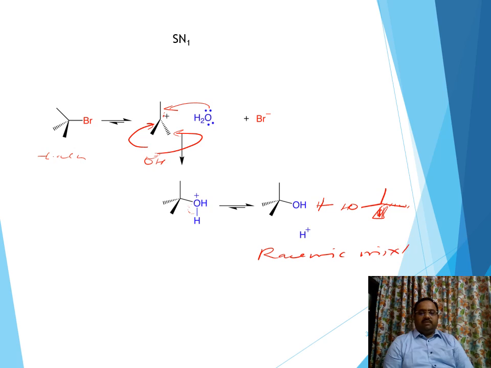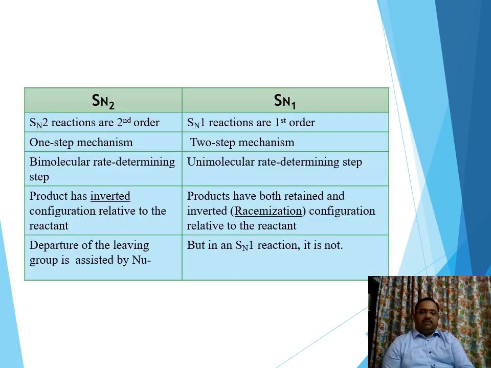A racemic mixture means 50% retention product and 50% inversion product. So this is just about SN1 and SN2.